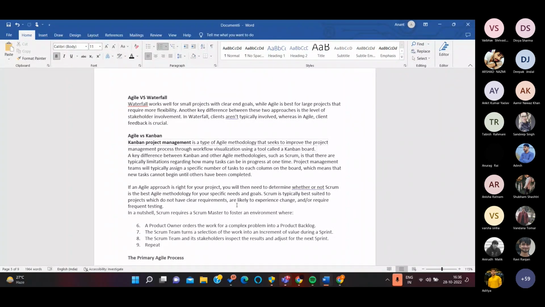Now, the second thing is Agile versus Kanban. Many of us must have already come across this word, Kanban, in some of the other projects. So Kanban is a project management methodology that seeks to improve the project management process through visualization.